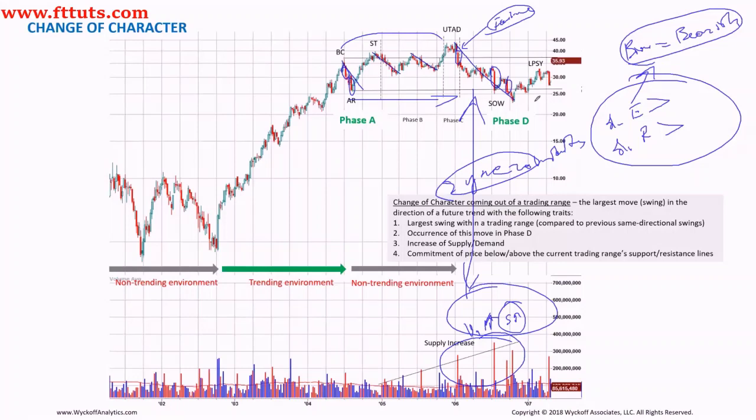Your main homework should be not just labeling the charts that I'm going to give you, but also making notes, listening to the recording again and making notes, and sending those notes to me.